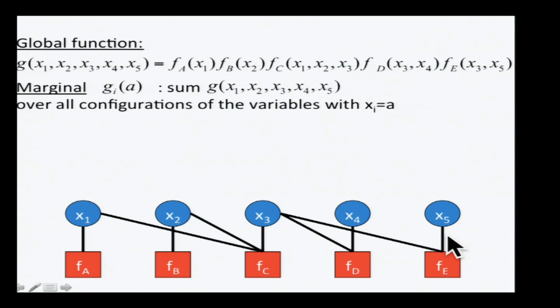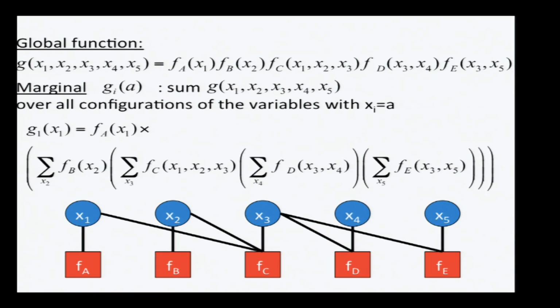And if I want to explicitly compute the marginal with respect to a particular variable, so the marginal with respect to x1 set equal to a, I would have this function with x1 equal to a times the sum over all possible states of x2, sum over all possible states of x3, x4, and x5, right? Is that clear? That's just the definition of a marginal.